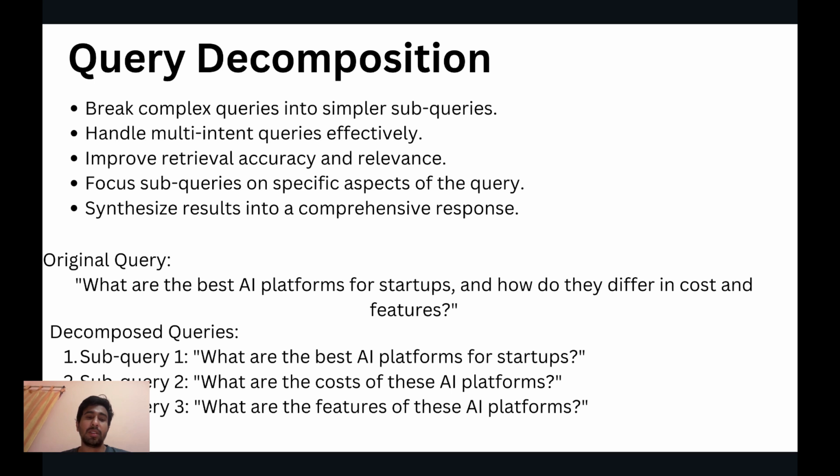For example, what are the best AI platforms for startups and how do they differ in cost and features? We can decompose this query into: what are the best AI platforms for startups, what is the cost of these platforms, what are the features of these AI platforms. We can pass these queries separately, retrieve the relevant documents, combine them all together and pass them to the LLM for a comprehensive response.